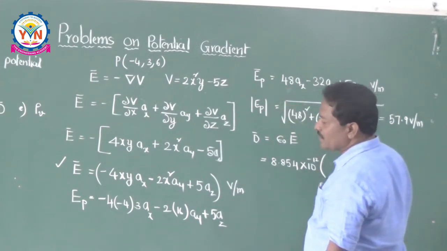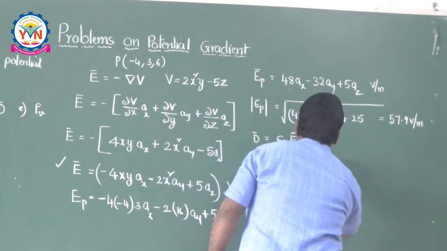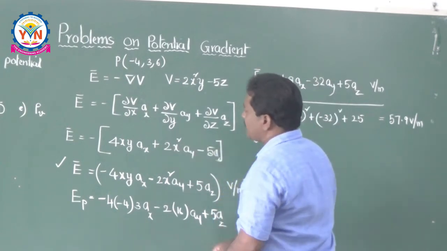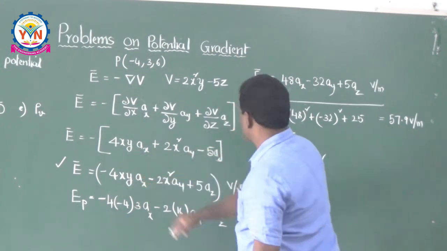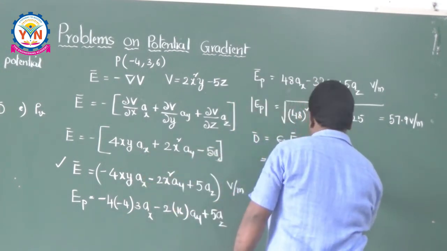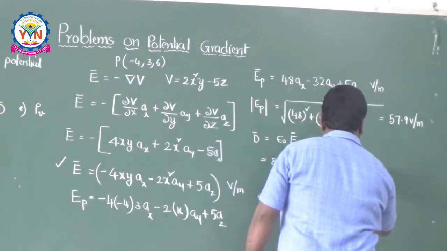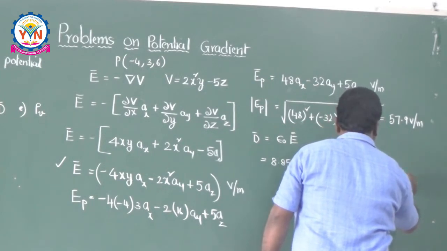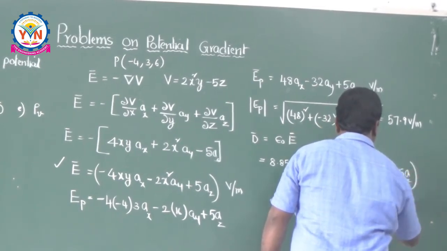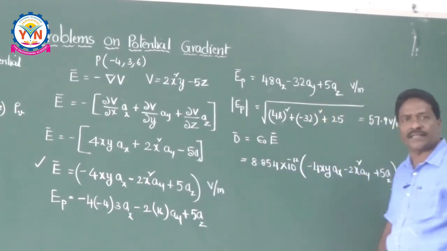So once again, you take this 48 AX, in terms of x and y. This is minus 4xy AX, minus 2x square AY and plus 5 AZ, and this is coulombs per meter square.